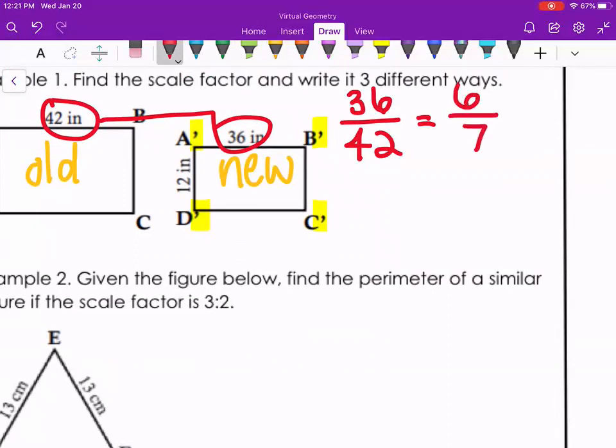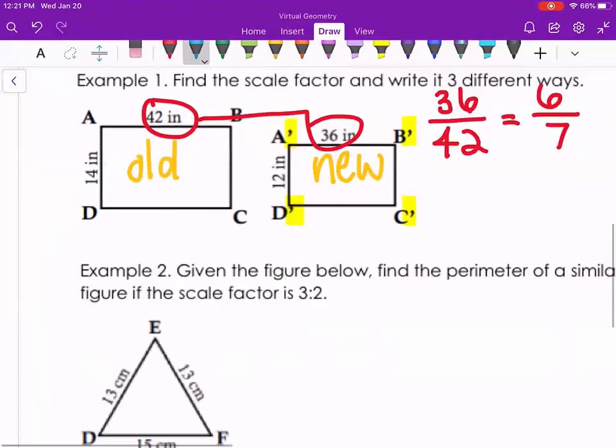So 6 over 7 is possibly my scale factor. Now we need to compare the other set of sides, 14 and 12. If we don't get the same reduced fraction, then we do not have a scale factor. Let's see what we get for this one.